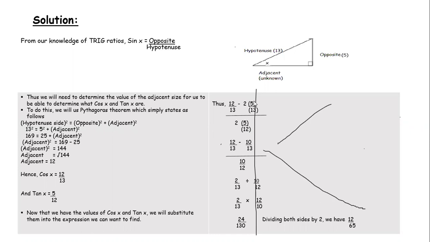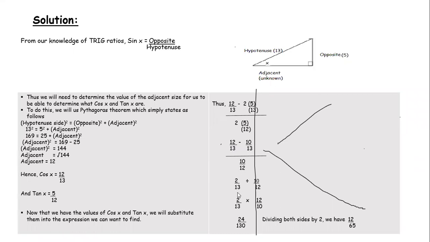So if we solve, opening all the brackets, we have 12 over 13 minus 10 over 13 as the numerator, then everything divided by 10 over 12. The numerator, 12 over 13 minus 10 over 13, gives us 2 over 13, then divided by 10 over 12.